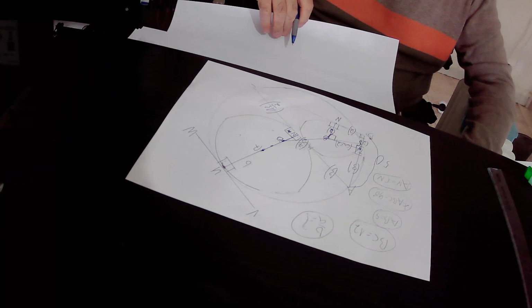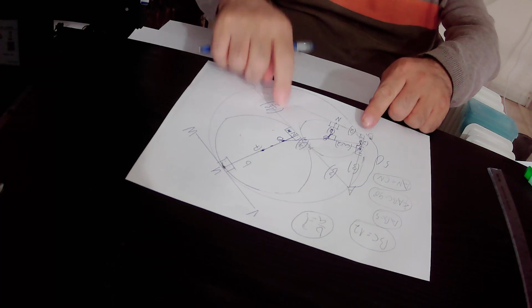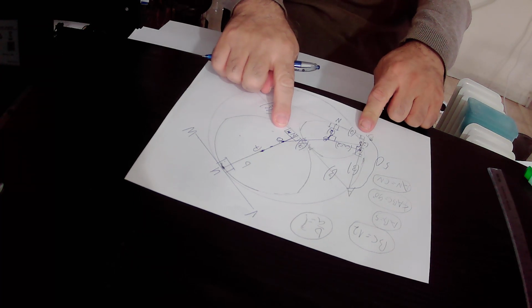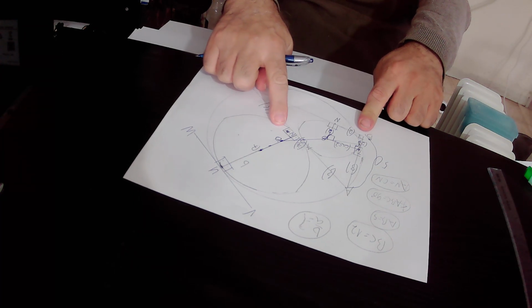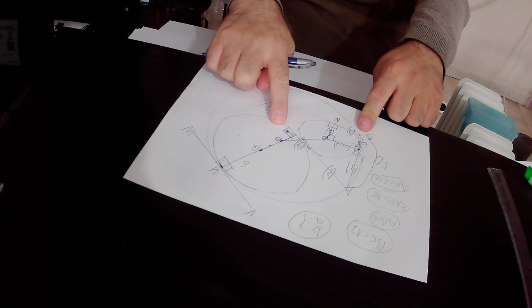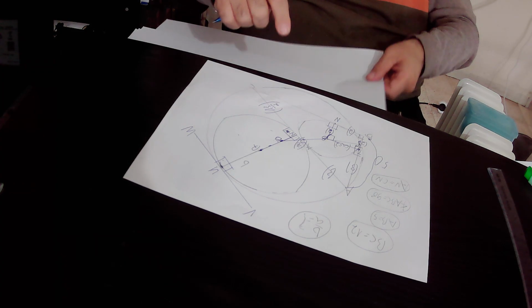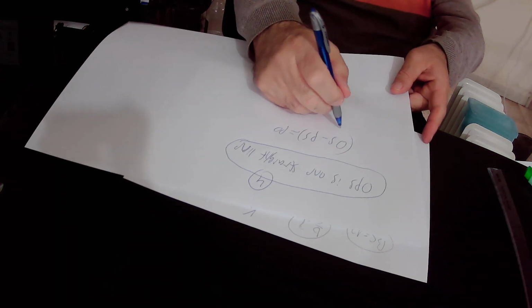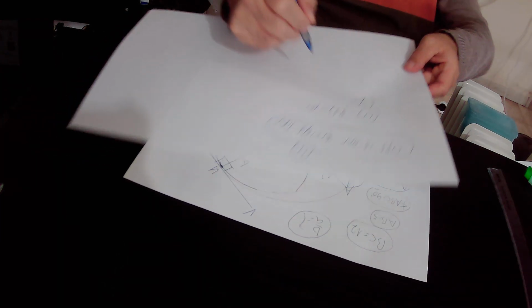What is the definition of the line OS? The line OS starts from point O, the center of the biggest circle, and ends at point S, a point on the biggest circle itself. This is exactly the definition of a radius. So OS equals X, the radius of the biggest circle, minus PS.